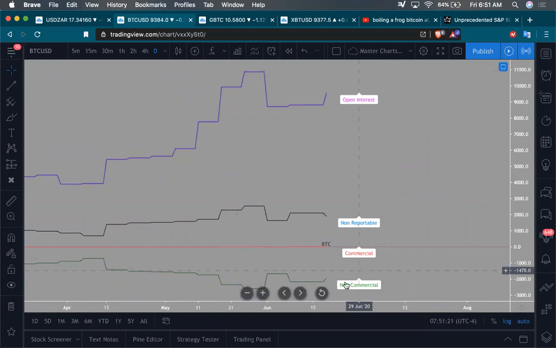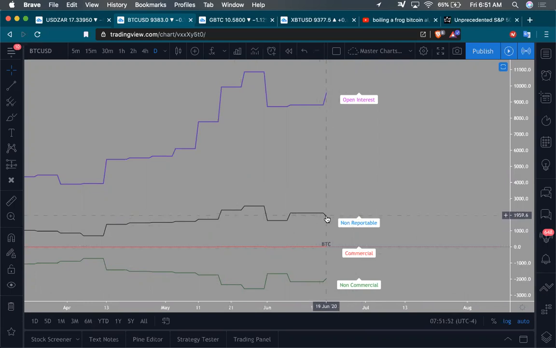Non-commercials, or hedge funds, slightly decreased their short exposure, but in large part they are heavy short, because as the numbers go negative on the right side of the scale, this is short. So non-commercials, your hedge funds and institutions, are short heavy. Non-reportables, which are your professional retail traders on the CME exchange, decreased their long exposure.